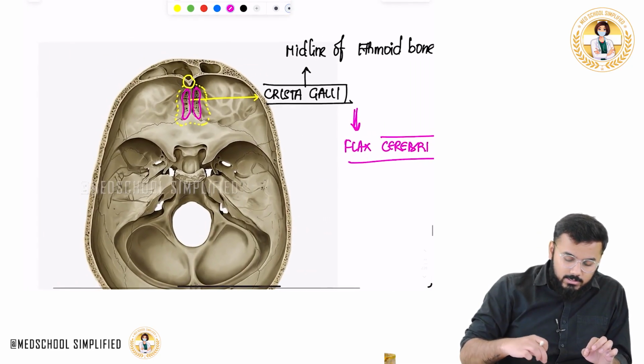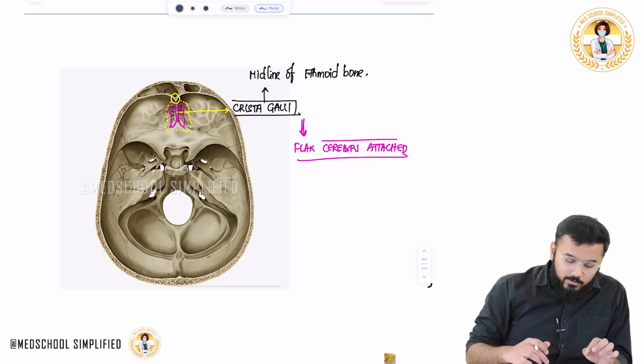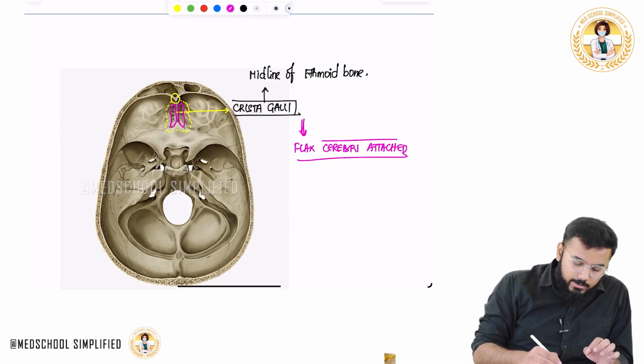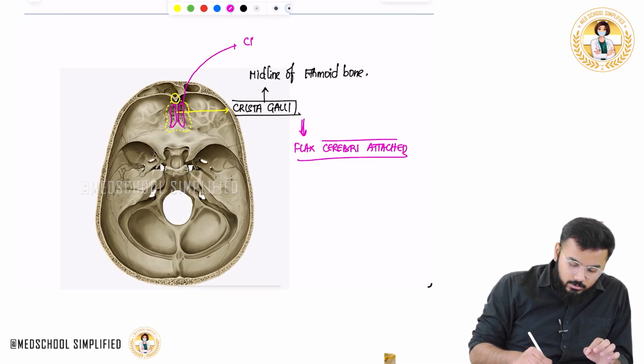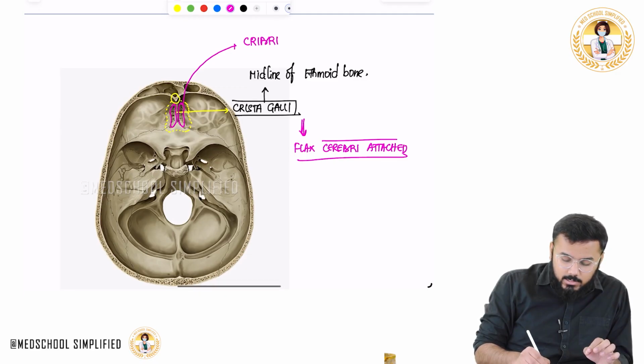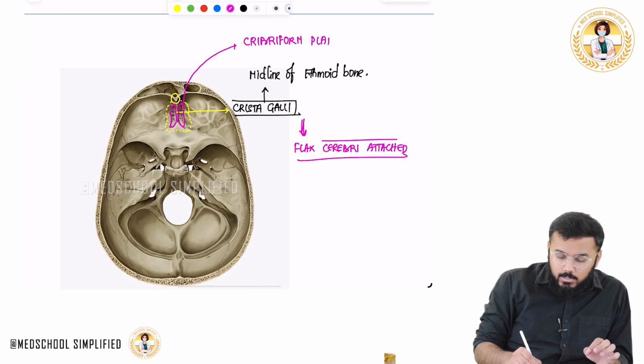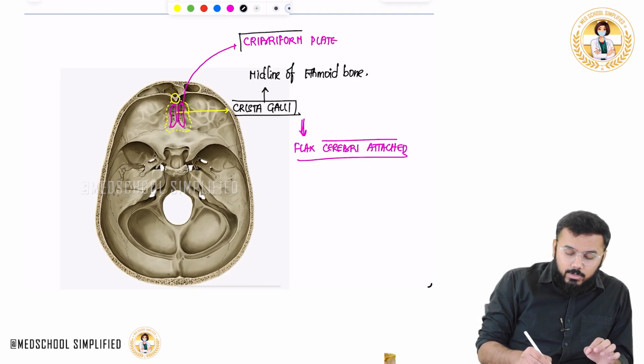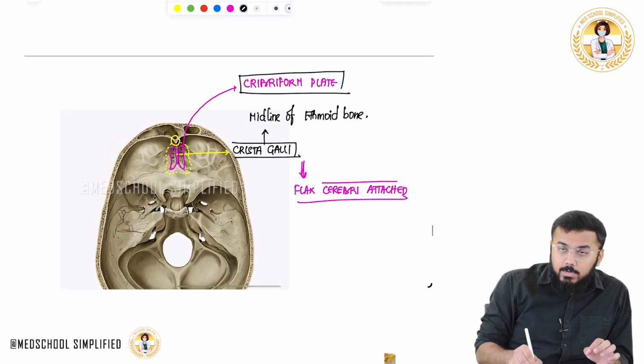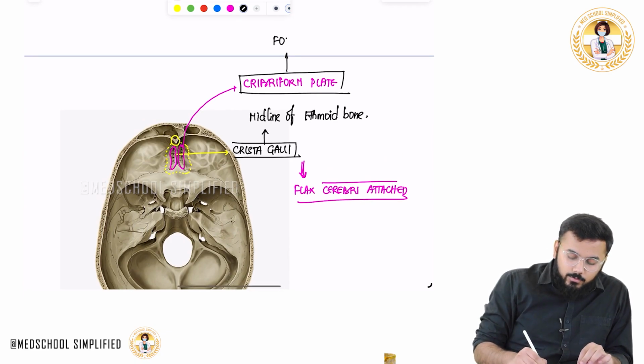Okay. So, what is the name of this plate here? The name of the plate is cribriform plate. So, this plate over here is called as cribriform plate.